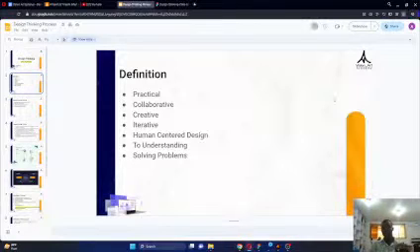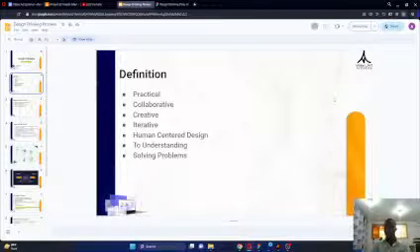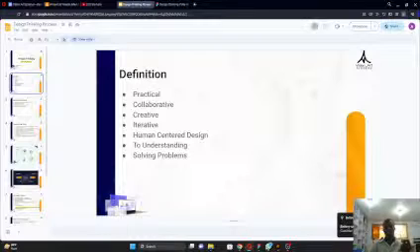If you are taking the design thinking process, you have to be iterative. Under the design thinking process, we have stages, and under those stages you go from one to the next, and go back from one to the other. So it's an iterative approach to solving problems. And also we have human-centered design.